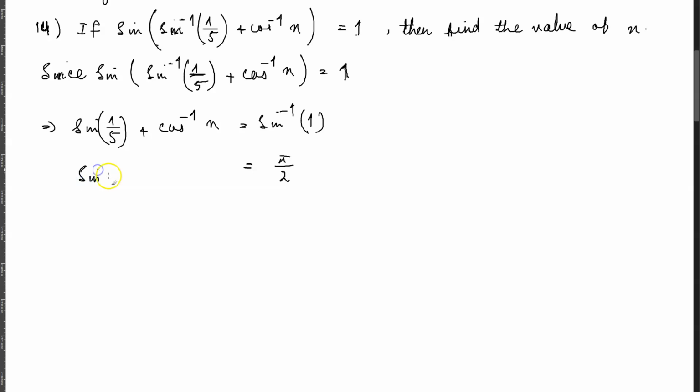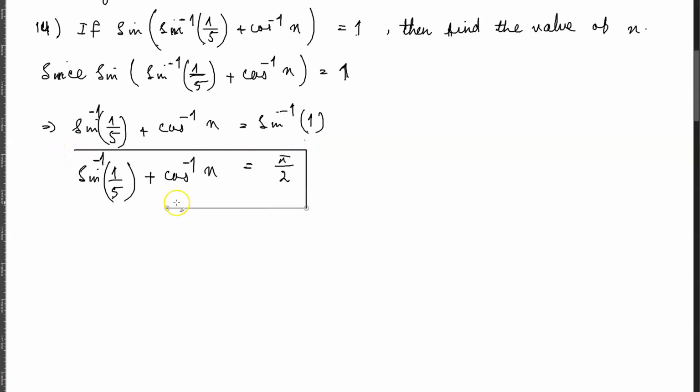And so the sine inverse of 1/5 plus the cos inverse of x is pi by 2. That I can write.